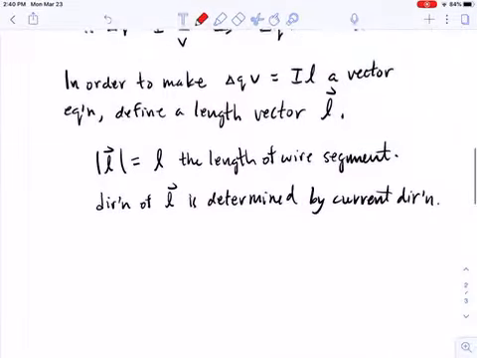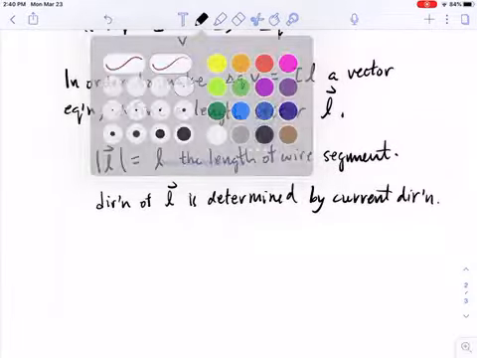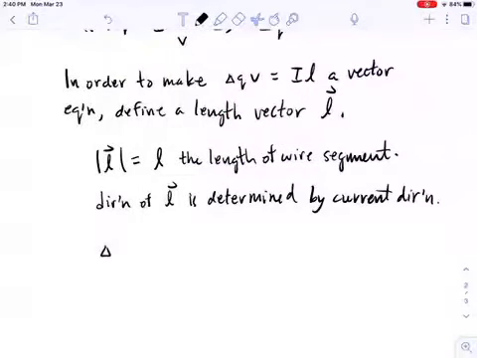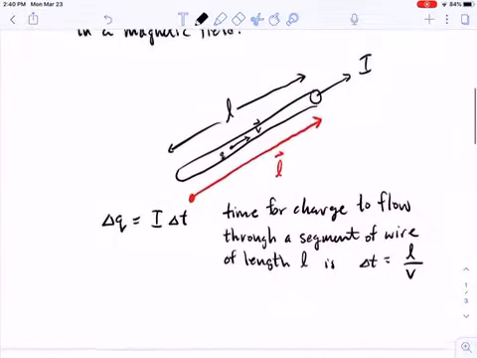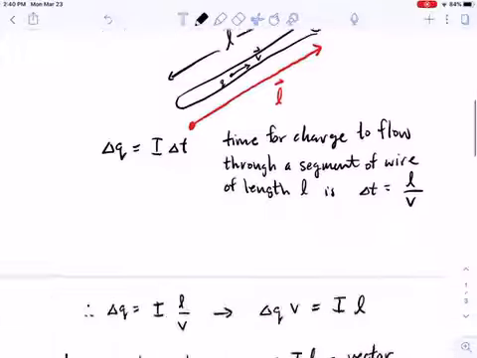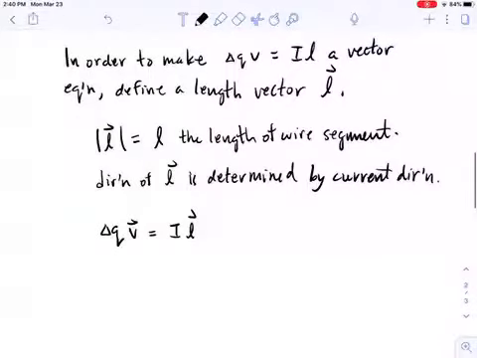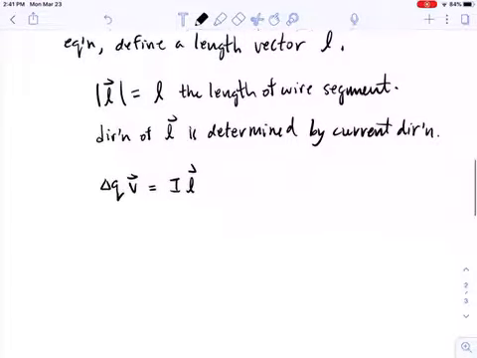So if we make that definition, then we can say delta Q times velocity now, instead of just the speed, is I times L. And that works because our velocity vector is also in the direction of the current. So the length vector L and the velocity vector V are parallel, and they're both in the direction of the current.